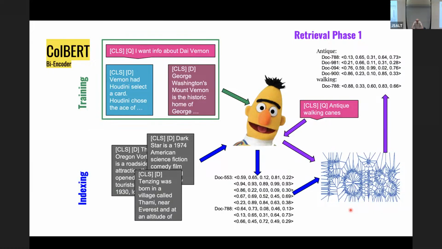In the first phase, we're taking our query and converting that to a set of vectors. For each vector, we look it up in our nearest neighbor index and find all the vectors that are near it. In the upper right here, this is the result of that.